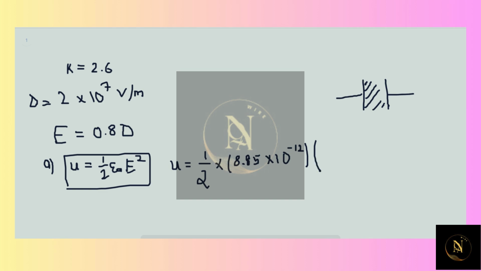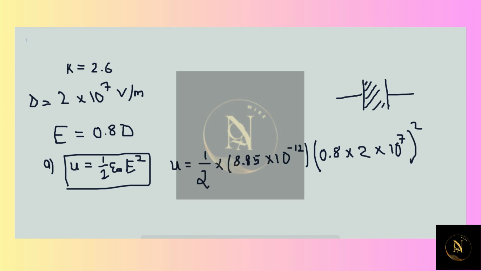Now the electric field is 0.8 times the dielectric strength, and the dielectric strength is given to be 2 times 10 raised to 7. So not negative 7, it's 10 raised to 7, and whole square.